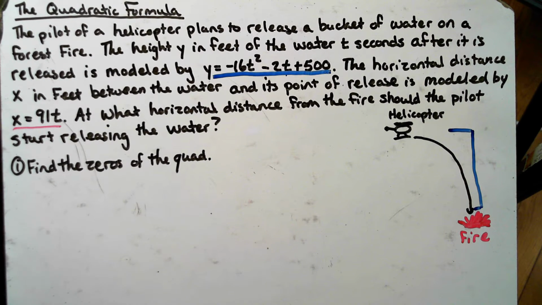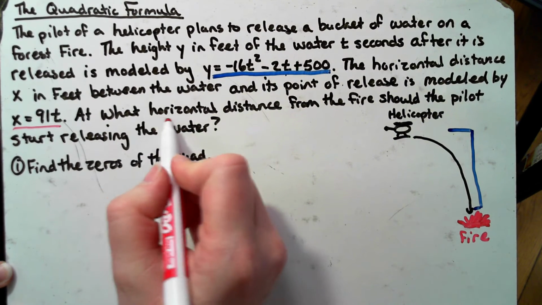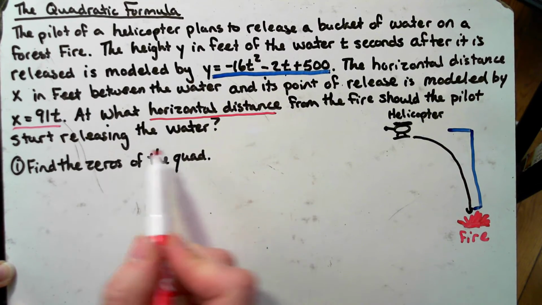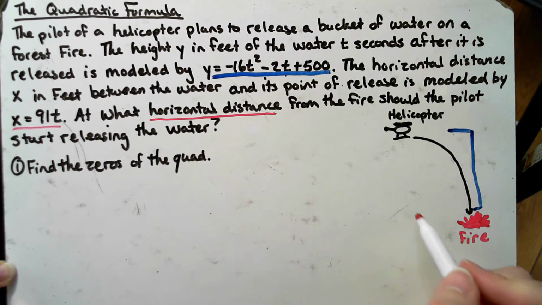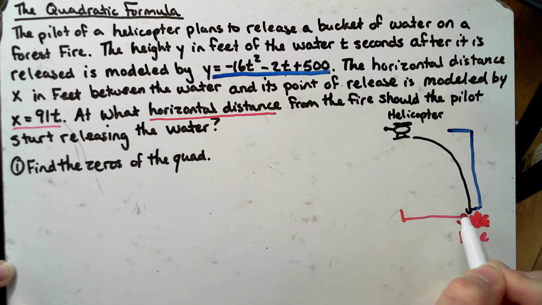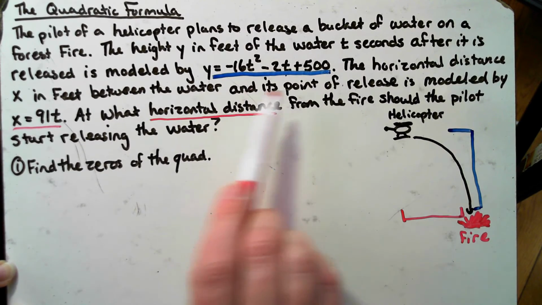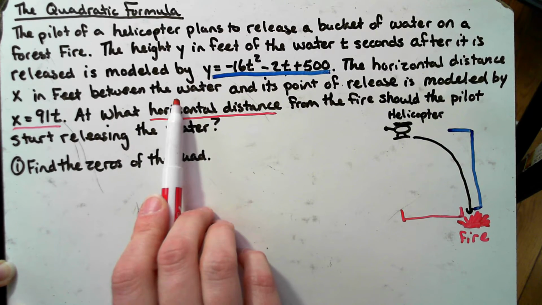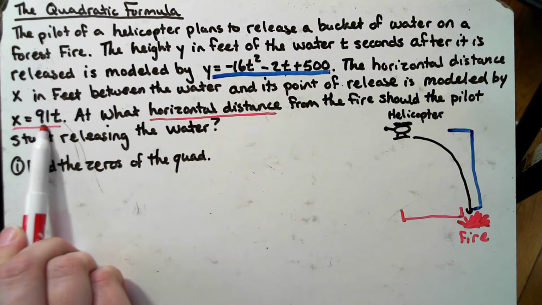Okay, so that's going to give me a time value, but they're not actually asking for time. It says at what horizontal distance from the fire should he start releasing the water. So I need the distance this way. And they told us the distance x in feet between the water and its point of release is modeled by this.